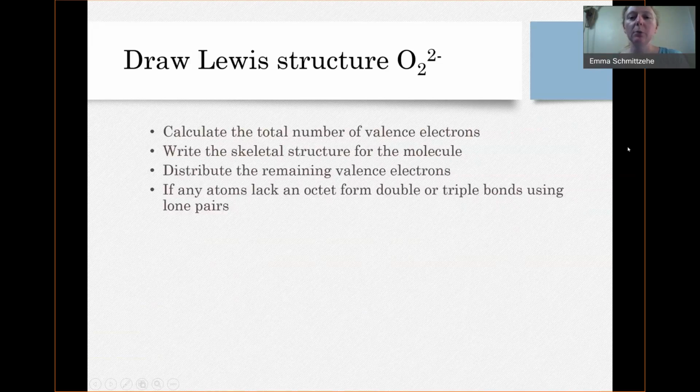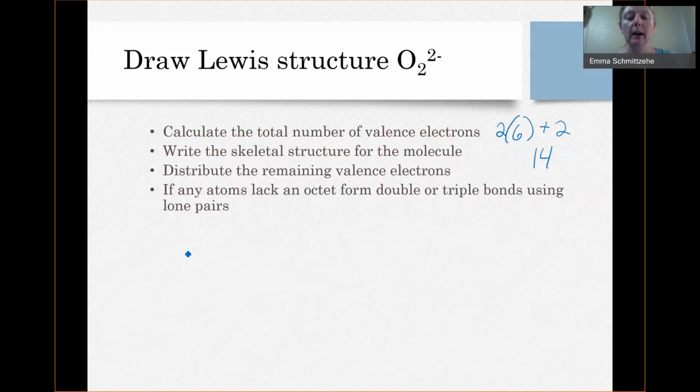And we have another pretty simple one, O2 2 minus. So this is actually the peroxide ion. And so the peroxide ion, we've got 2 oxygens, each one of them has 6 electrons, and then we have a -2 charge, meaning it has 2 additional electrons. So in this case, I have 14 electrons.